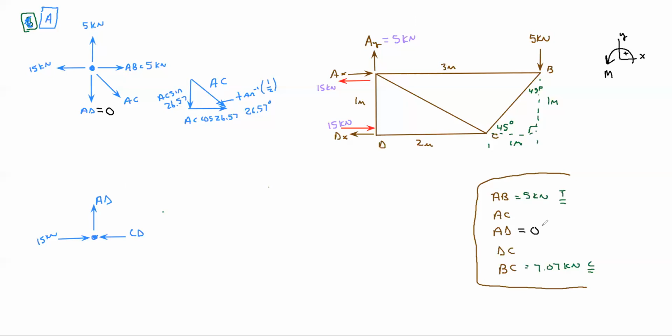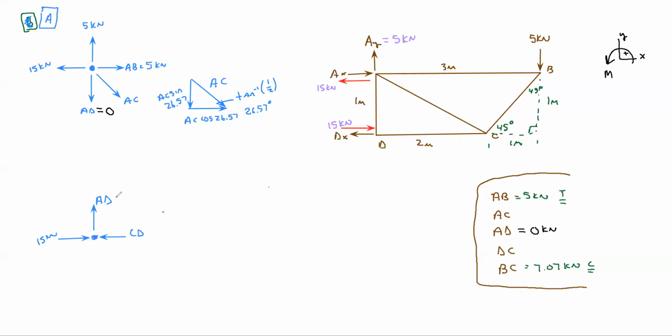And again, you say, well, Rick, you just know that because you're the teacher and you've done the problem before. Well, I know it because my first joint was at joint D, and I saw that AD was equal to 0. The second reason I know is as I was checking some work today: if you get a value for AD at pin A, and then you draw the free body diagram for pin D and put a value at AD, you better look at the entire free body diagram.